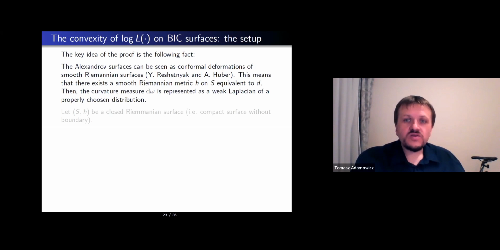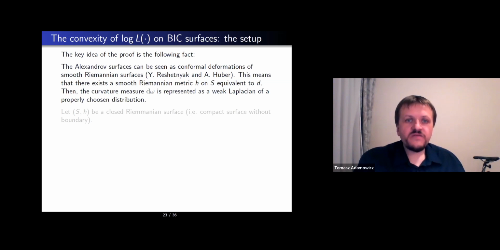This means that we can introduce a smooth Riemannian metric h on S, which is equivalent to the underlying metric d. And then the curvature measure is represented as a weak Laplacian of a properly chosen distribution. And hence this approach allows us to combine also some potential theoretic results, and it makes this theory quite interesting.